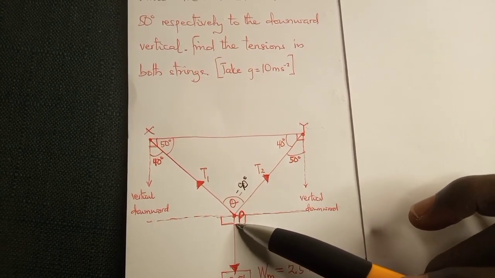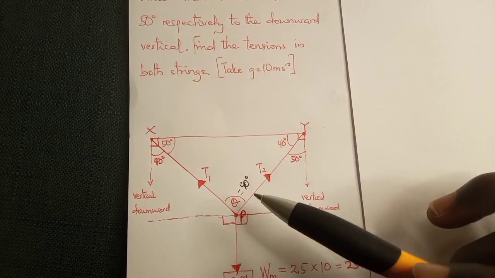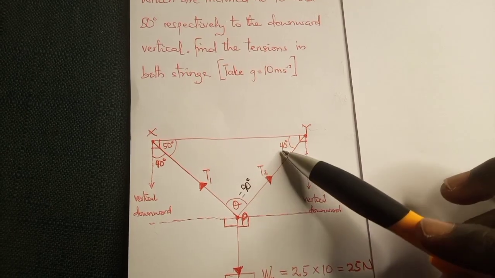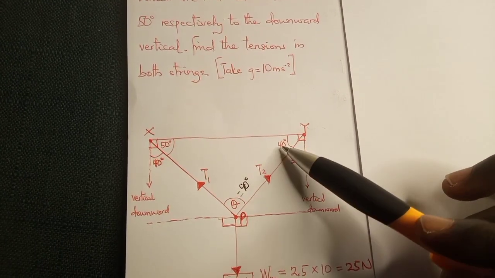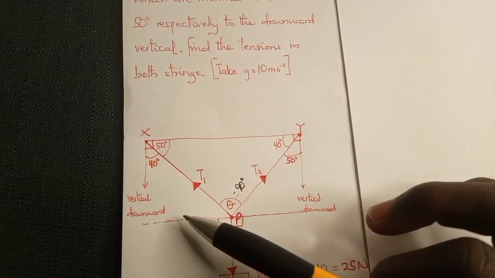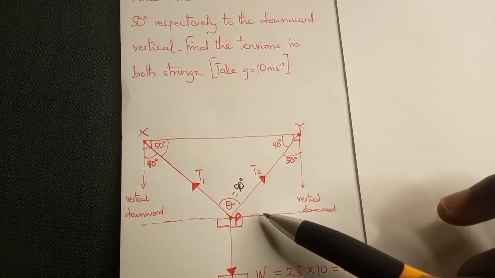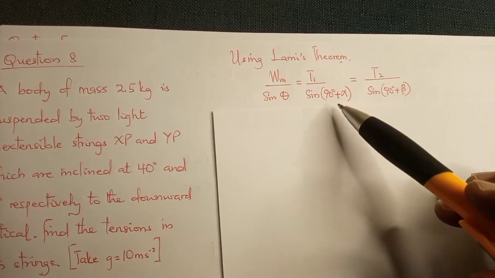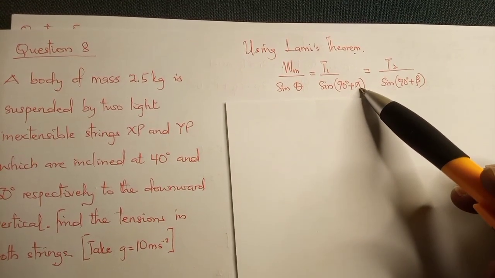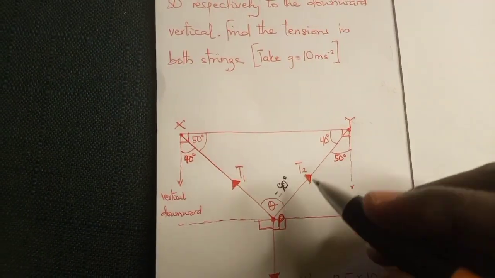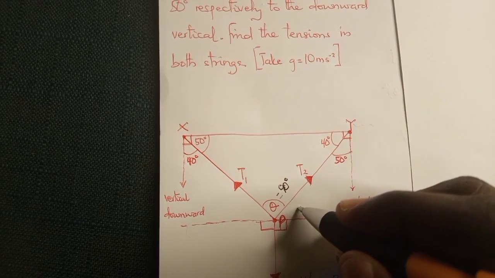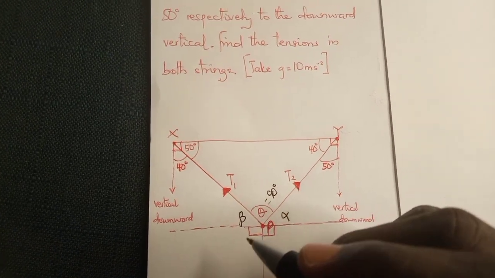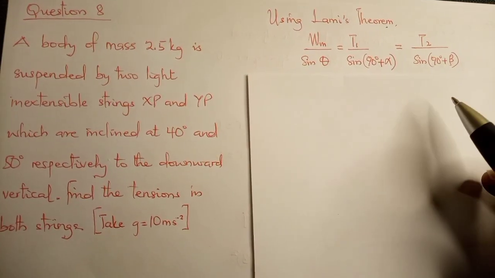The angle between these two is 90 plus the angle here, and the angle here is 40 degrees. That is an alternate angle, so since it's 40, this will also be 40, because this horizontal line and this are parallel. So it says 90 degrees plus alpha. We name this angle alpha and this one beta.